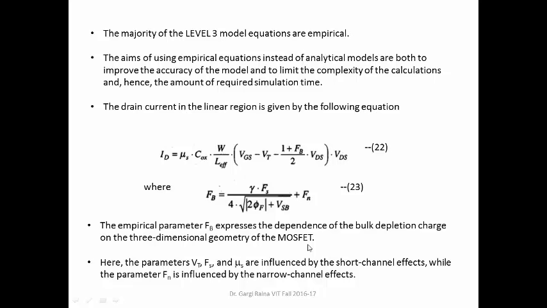The parameters Vt, Fs and mu s are influenced by the short channel effects, while the parameter Fn is influenced by the narrow channel effects. So Fn is related to the width, and Vt, Fs and mu s are related to the length, the short channel effects.